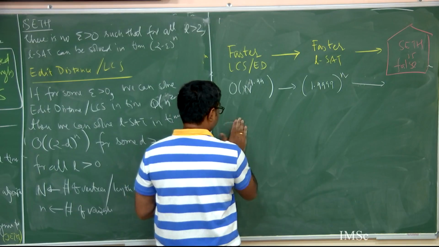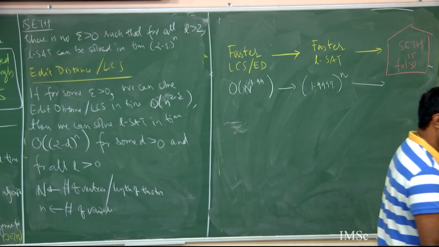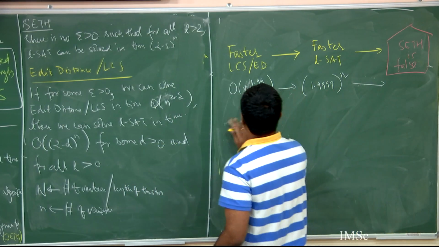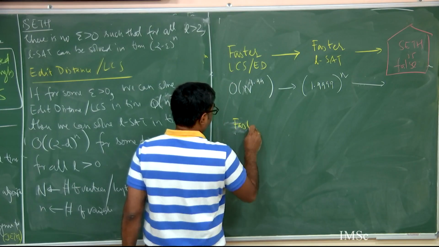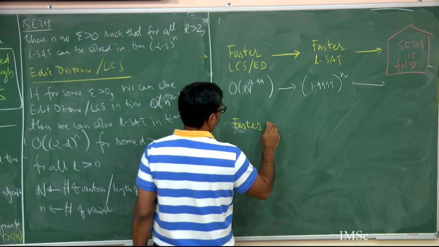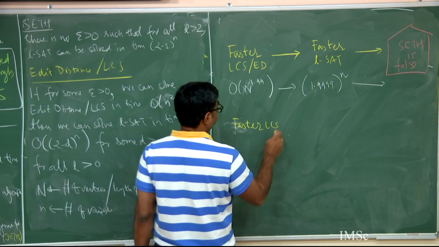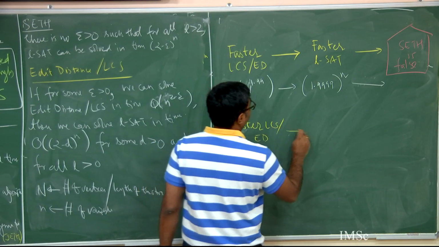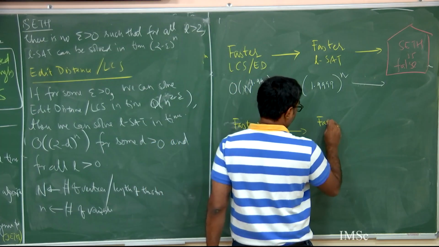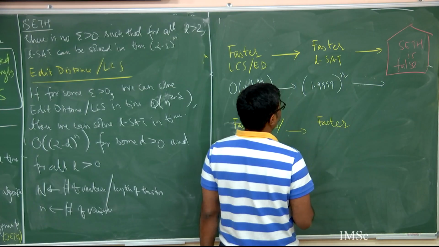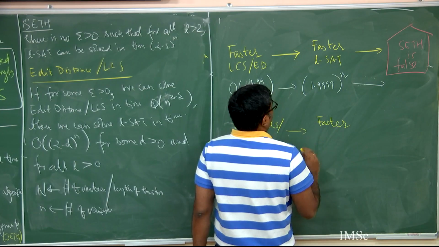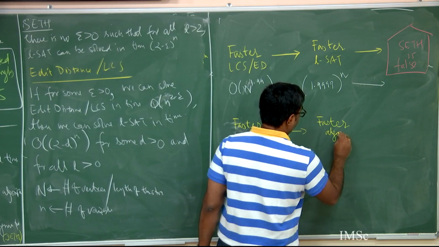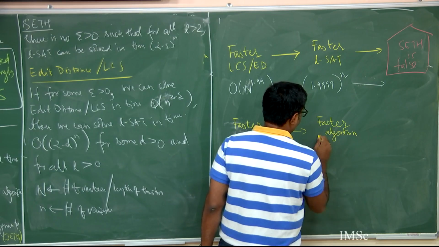Okay. So let's see. You understand this. Faster longest common subsequence or edit distance implies a faster algorithm for 3 SAT.